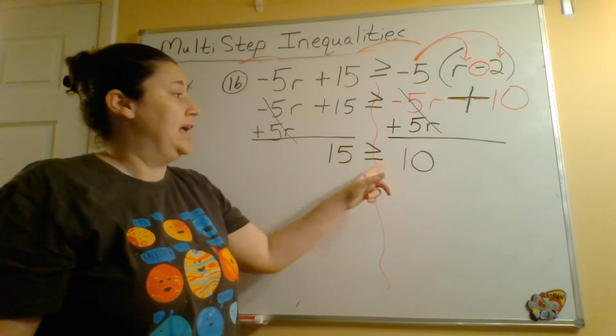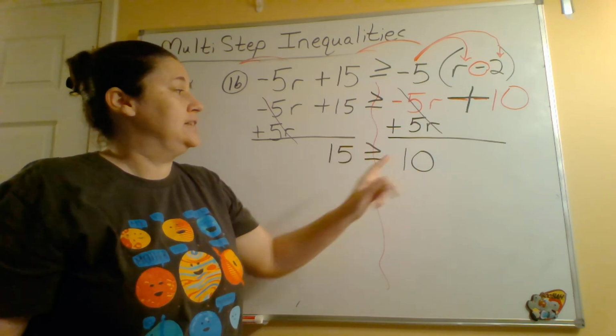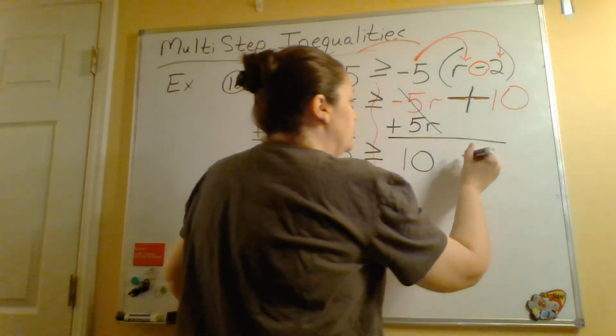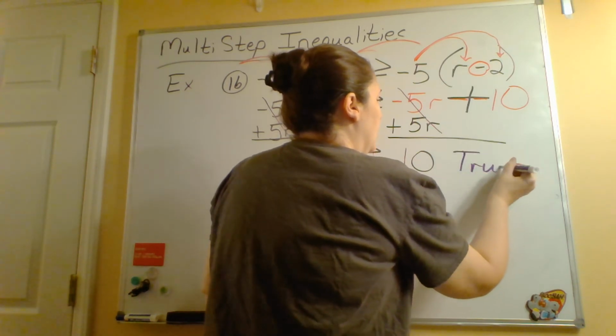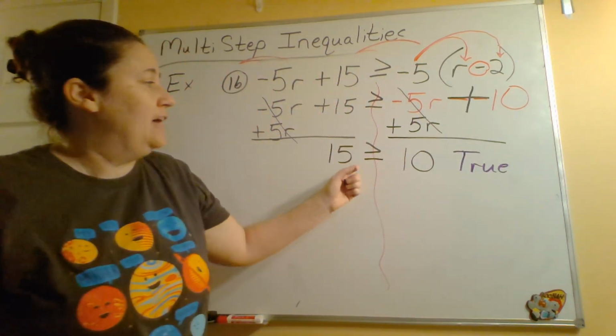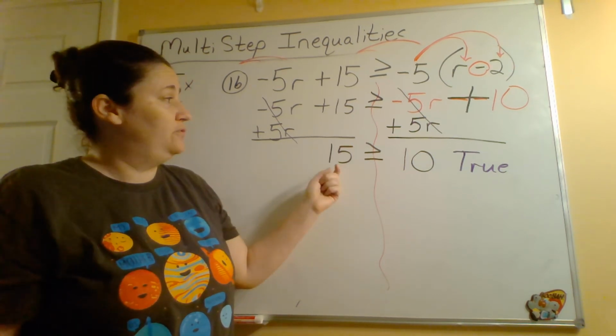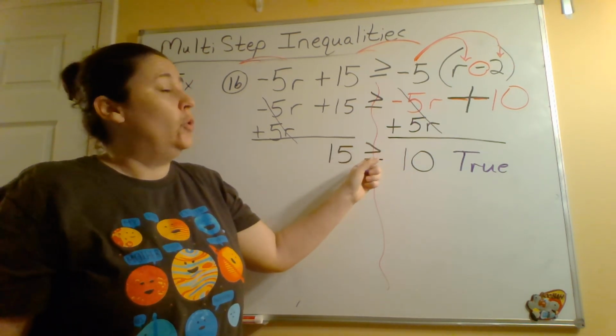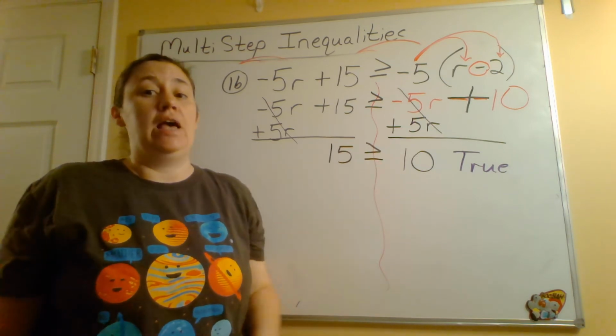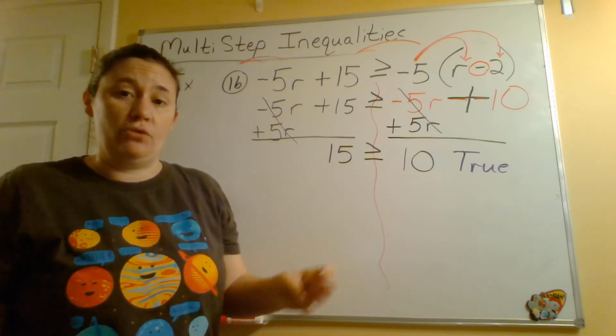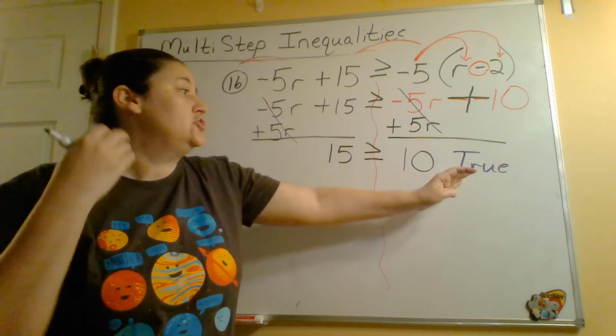It's bigger than 10. 15 is greater than 10. That makes this a true statement. And it does not have to be equal to 10 as well. It's an either or situation. So if one of those is true, the whole thing is true. So this is a true statement.